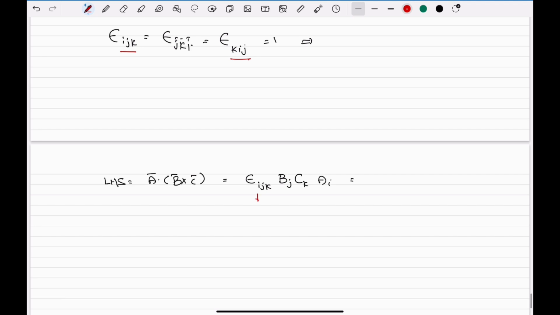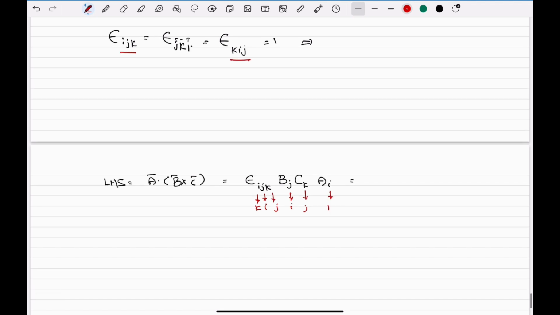Replace i with k, j with i and k with j. Whether epsilon kij or epsilon ijk, both are same.